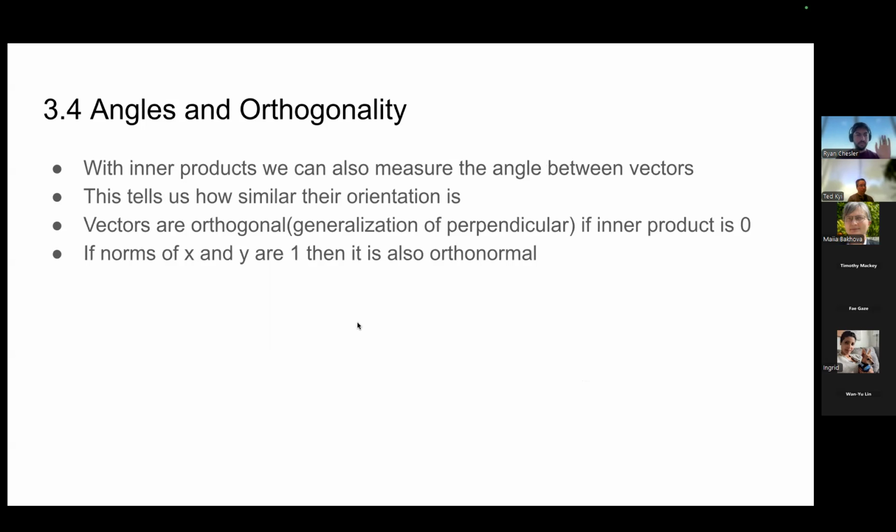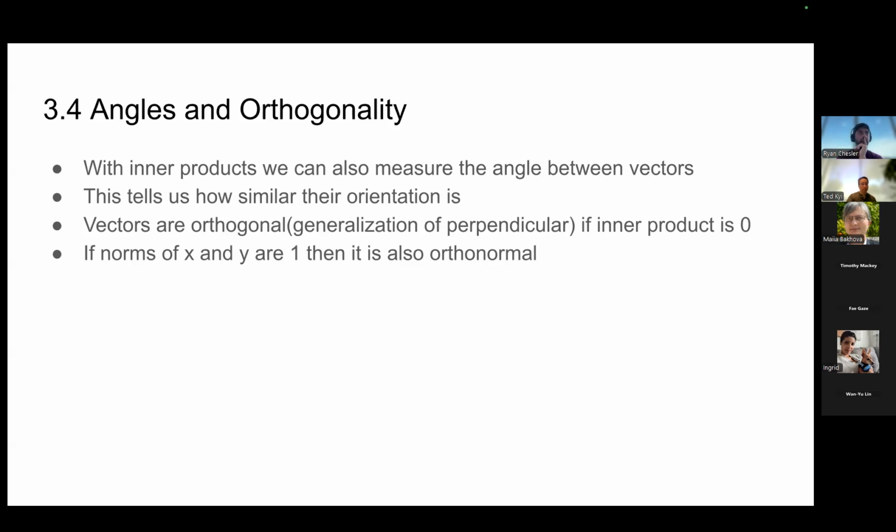I mentioned this word, but now talking about it a little bit more formally, we're looking at angles and orthogonality. The inner product can help us measure the angle between vectors as well. This tells us how similar the orientation of vectors are. Vectors are orthogonal when their inner product is zero.